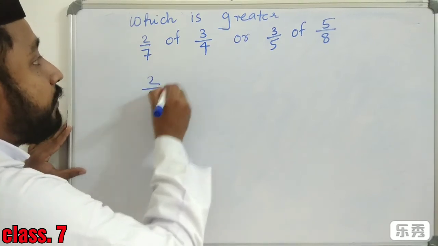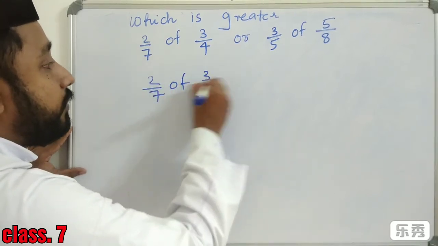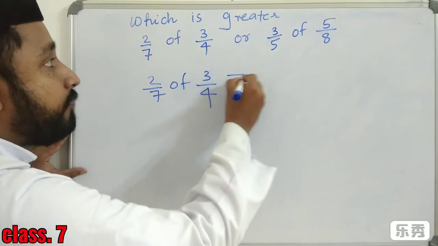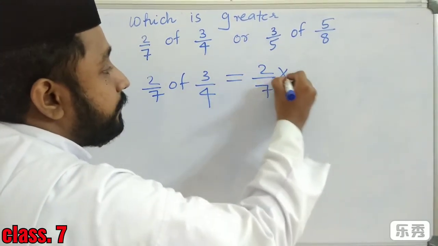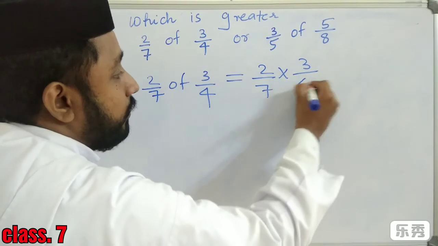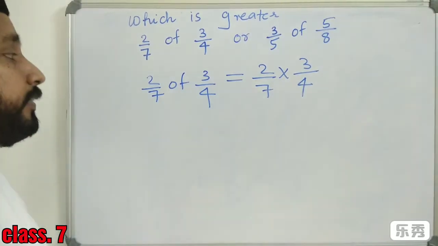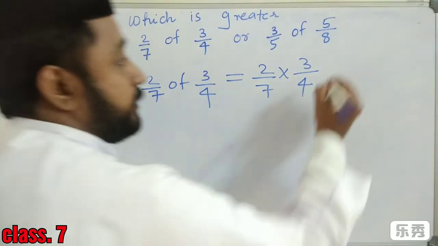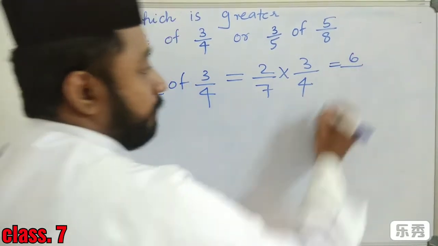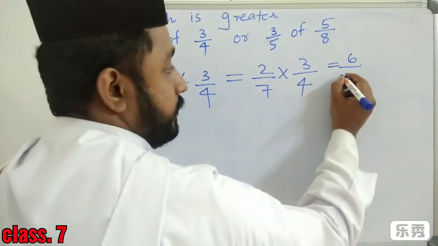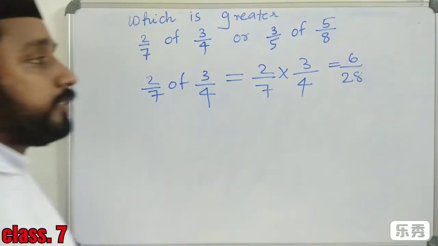2 by 7 of 3 by 4. What do you mean by 2 by 7 of 3 by 4? Which means 2 by 7 into 3 by 4, which is equal to 2 into 3, 6, and 7 into 4, 28.